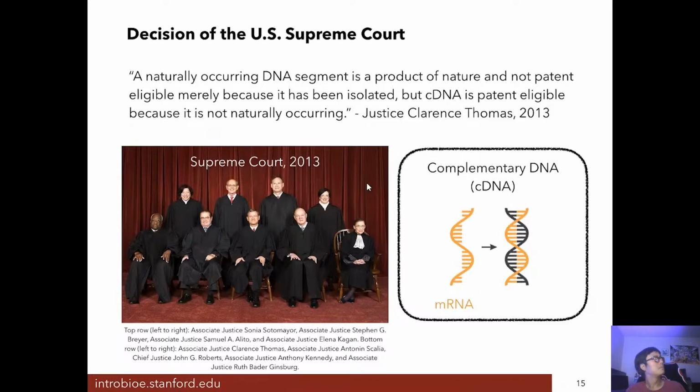Here's just a picture of the Supreme Court in 2013, if you're curious about the people who made the decision about cDNA and whether or not humans can patent naturally occurring DNA.